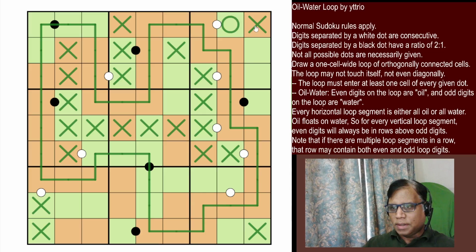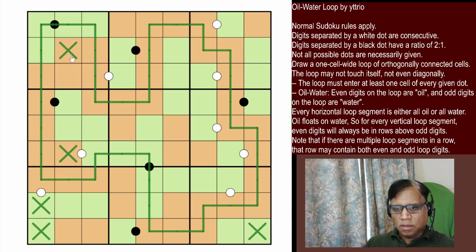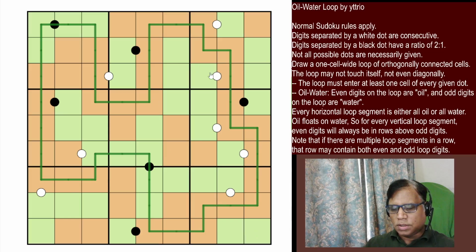Maybe now we can get rid of these marks. But now what I am thinking is that only with this much of information, how can we get digits?